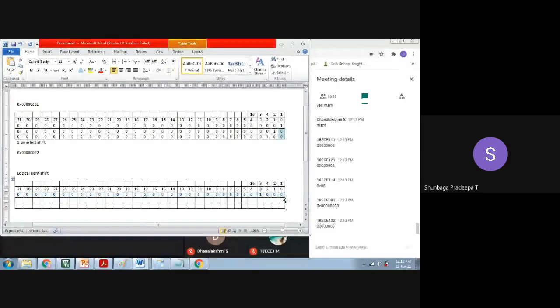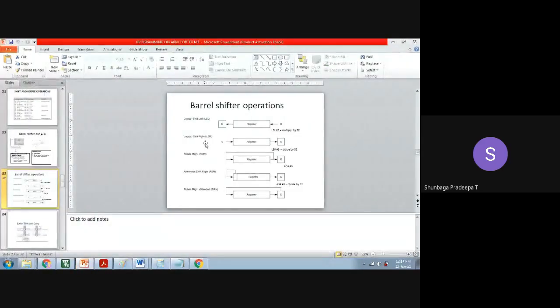So all the bits are getting shifted to the right side by 1. So in the MSB position, what we will do? We will insert a 0. So that is the difference between your logical right shift and logical left shift.